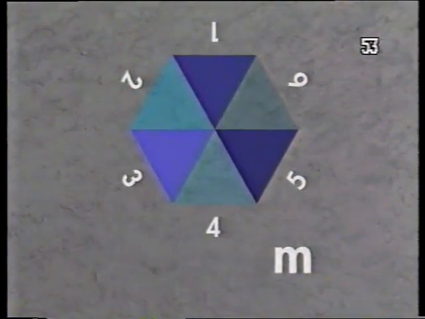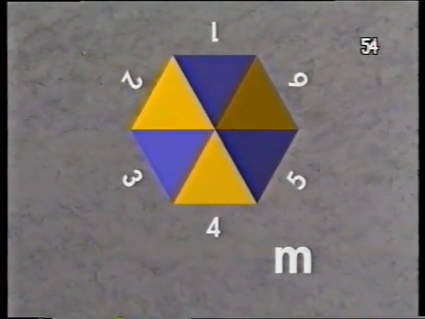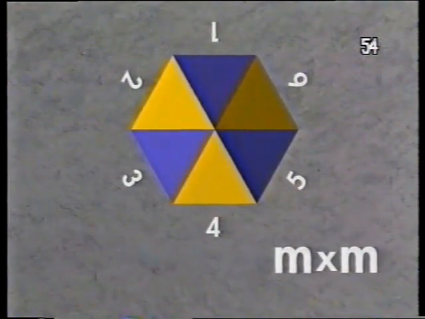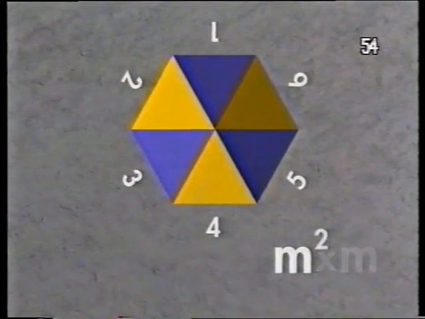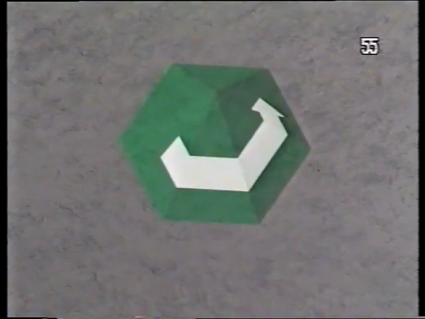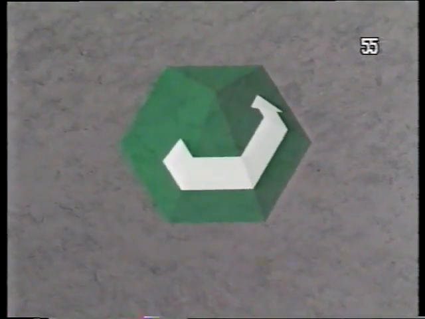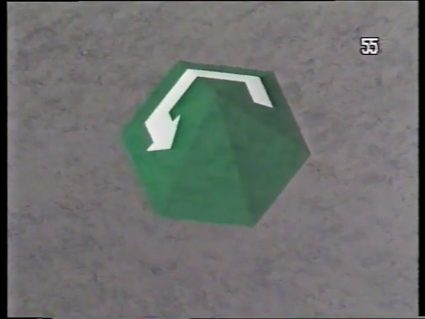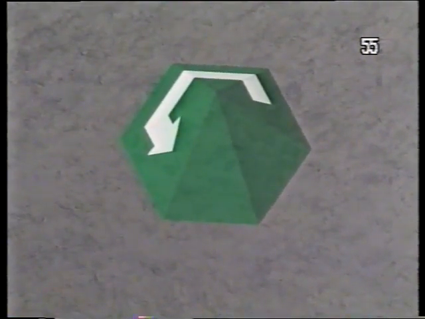Well, there are m choices, and similarly, faces 2, 4 and 6 must be the same colour, and so there are another m choices for these three faces. And these two choices are still independent, just as they were before. So the number of possible colourings of the whole pyramid that are unaffected by this symmetry is m squared, where before it was just 2 squared. What about the symmetry which moves through three face positions? Stop the tape and work out the size of its fixed set when m colours are available.